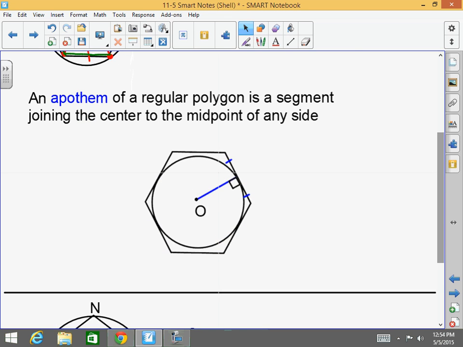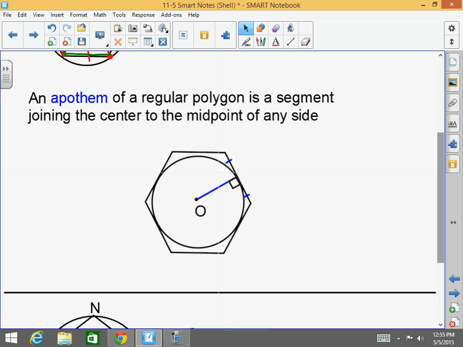An apothem of a regular polygon is a segment joining the center to the midpoint of any side. Now, this is what we're going to be working with here. This is another example of a radii. However, this time when a circle is inscribed inside of a polygon, the radii is called an apothem.